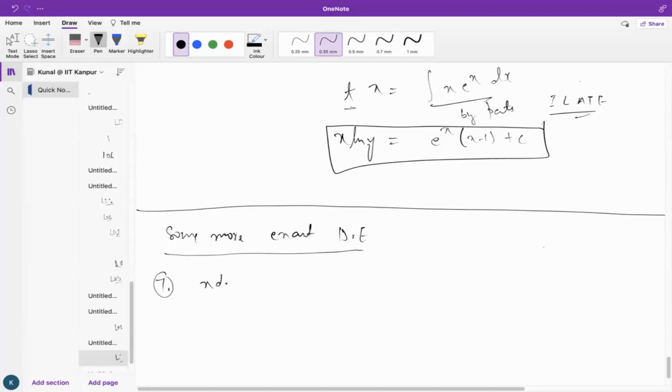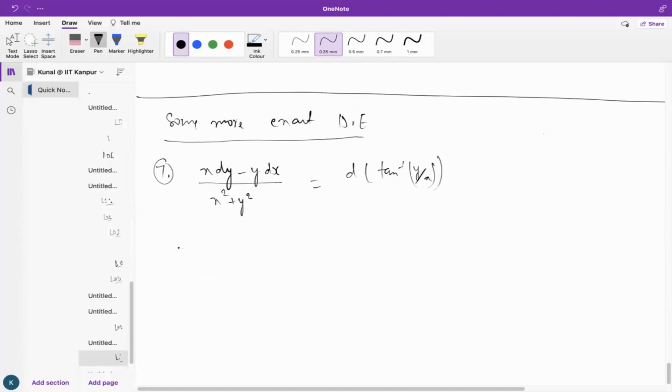It's exactly (x dy minus y dx) divided by (x square plus y square). This will be equal to d of tan inverse of y by x. Actually, we are going to prove this thing जैसे हमने कल करा था ना. These all are one liner proofs, क्योंकि इसमें कुछ खास है ही नहीं.